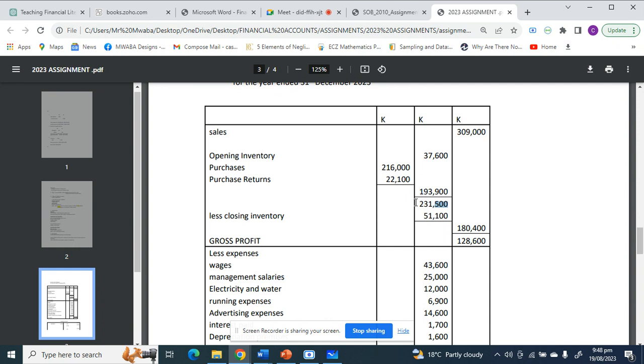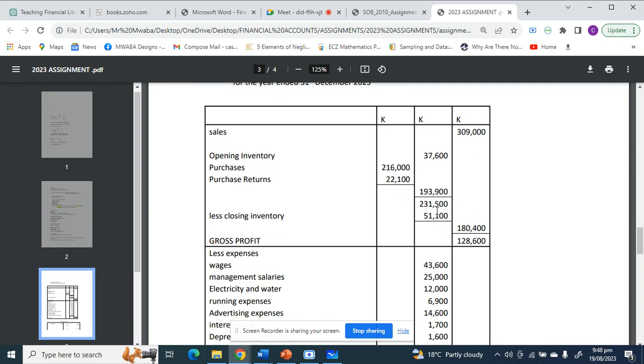Okay. After you get your total cost of goods available for sale, you deduct the closing inventory, the goods that haven't been sold. This is their cost, all right? In order to get the cost of goods sold. So to get cost of goods sold, you say total cost of goods available for sale minus closing inventory.